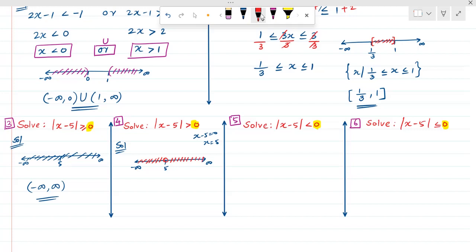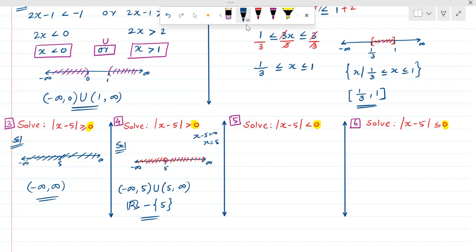It should be more than. Whatever value you give from the real line, this absolute value is more than 0. So the solution will be minus infinity to 5 union 5 comma infinity. Or you can write it as all the real line except 5. Both are the same, with the same meaning.